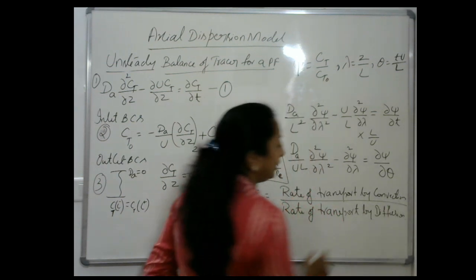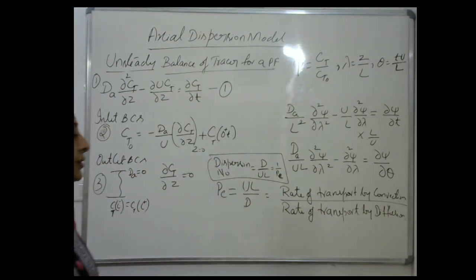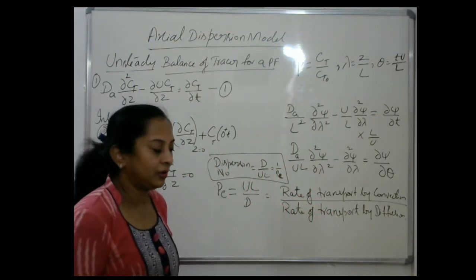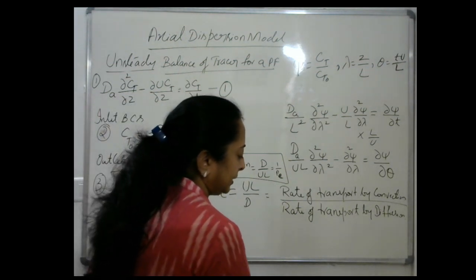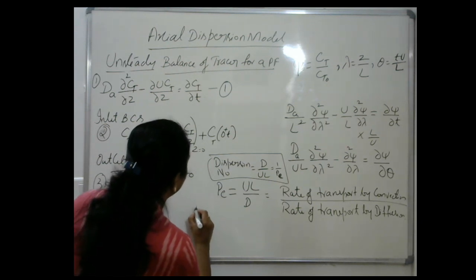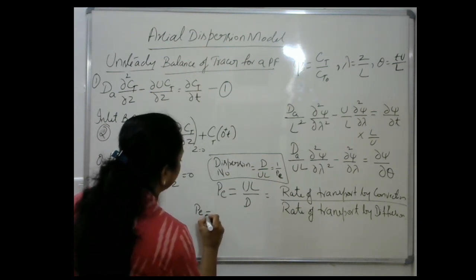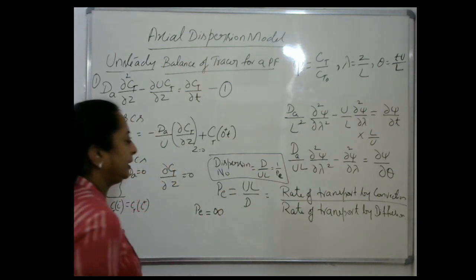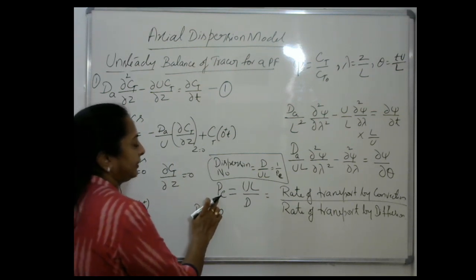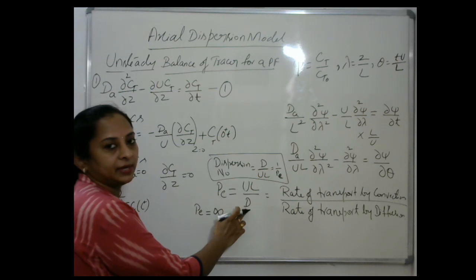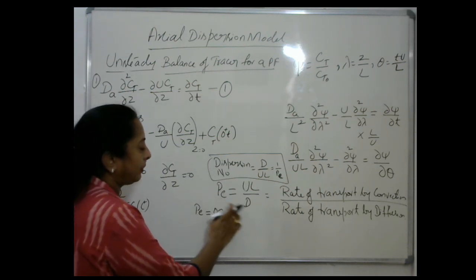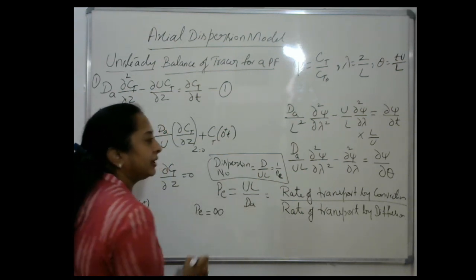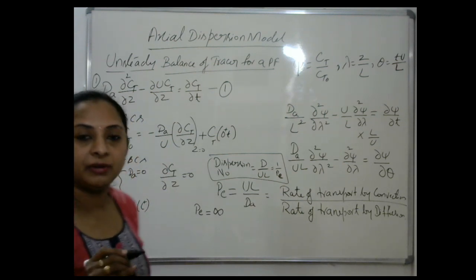So now let us discuss more about this Peclet number. If I say the Peclet number is infinity, when can this be infinity? When this D is very, very low. What do you understand by dA very, very low? Dispersion is very, very low.